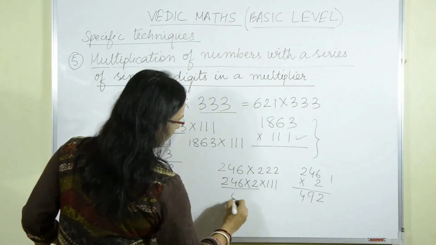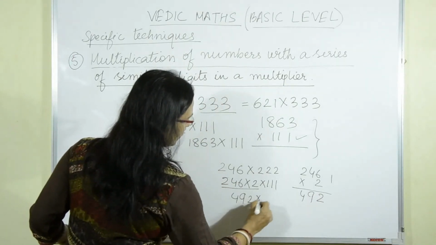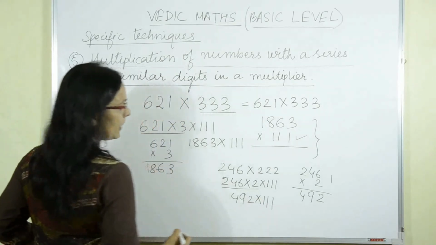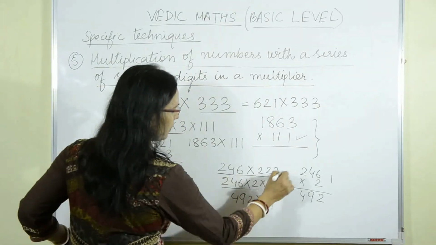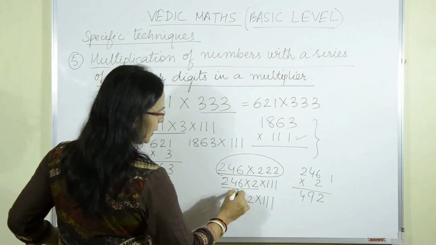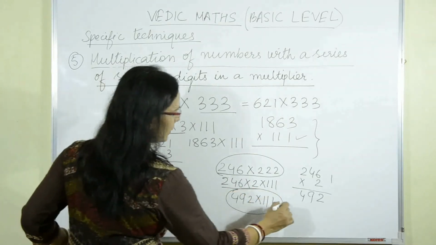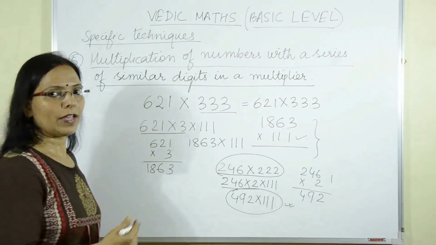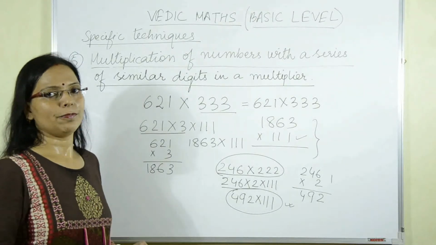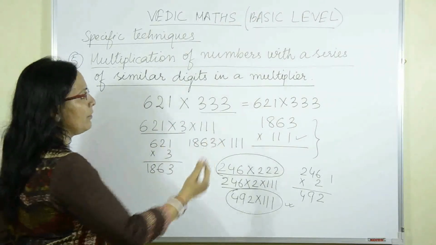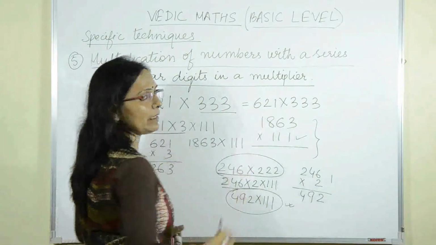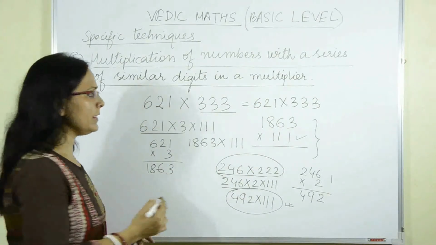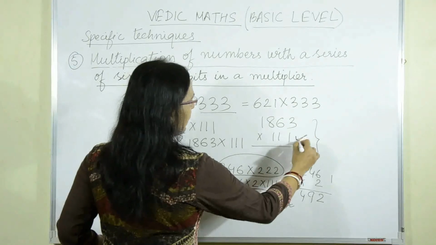So I can write 492 into 111. So we can see that this form has been changed to this form, and the moment we are in this form, we are back to the number 4, the one that we have done just now. So this is how we convert. If we have similar digits in a multiplier, we can convert it to a series of 1 and we can do it very easily.